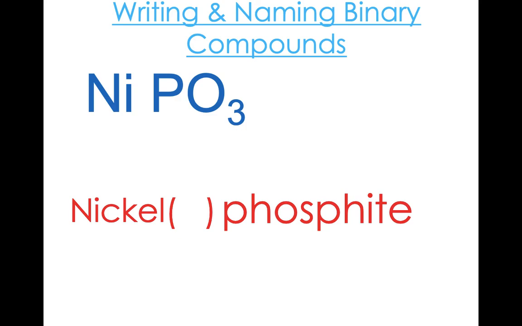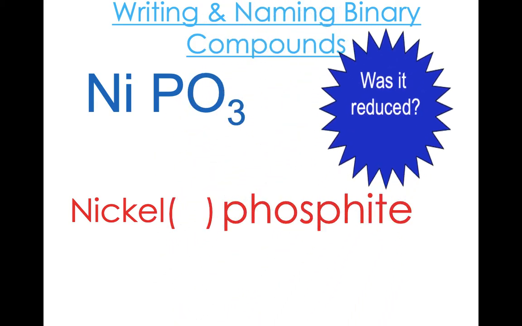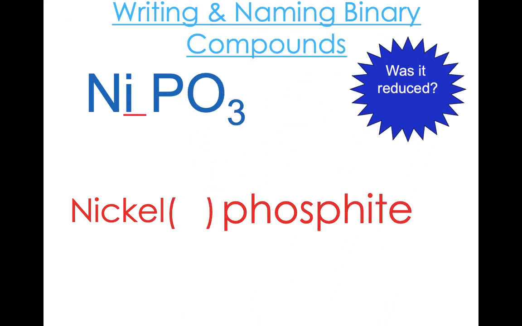Now, what ratio are we seeing between the nickel and the phosphite? Right now, we are seeing a 1-to-1 ratio, not a 1-to-3. That 3 is part of the phosphite ion. That is part of the polyatomic ion. So right now we're seeing 1 nickel for every 1 phosphite.